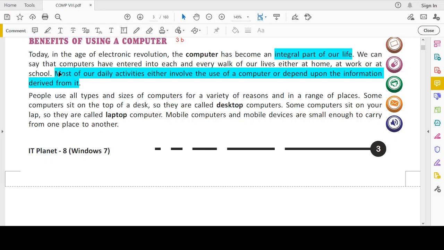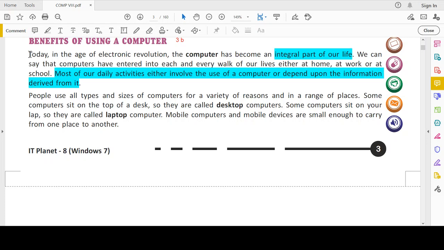So you know that everything I have said, entertainment, shopping, banking, you have the automated teller machines. You are using a computer in each and every step in your day-to-day life.